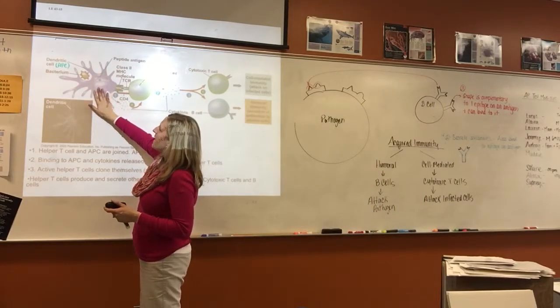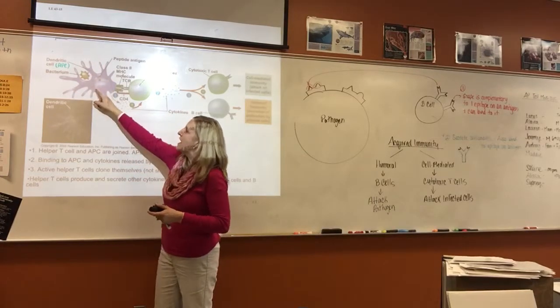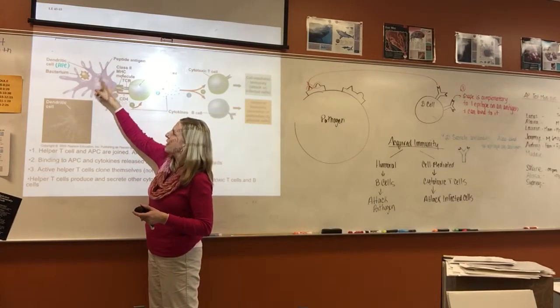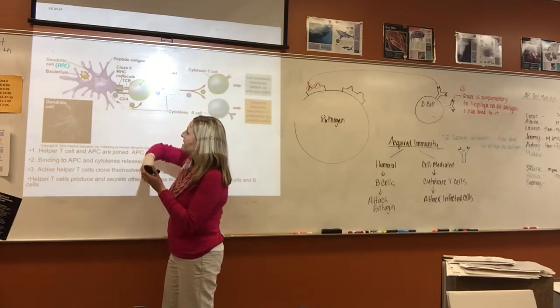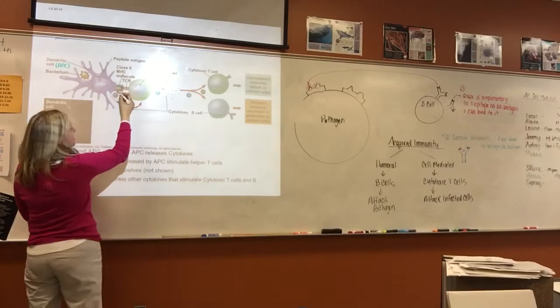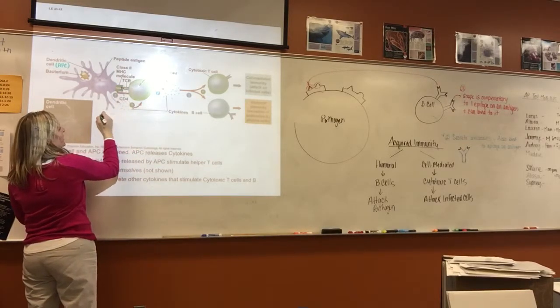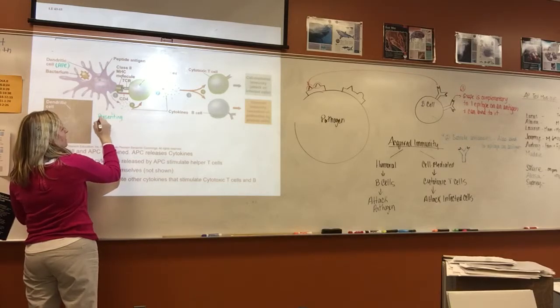And then what it does, in addition to destroying the bacteria, is take some of those antigen fragments from the bacteria and present them. So right here, it uses this MHC molecule presenting this antigen fragment. So this is the presentation of the antigen fragment.